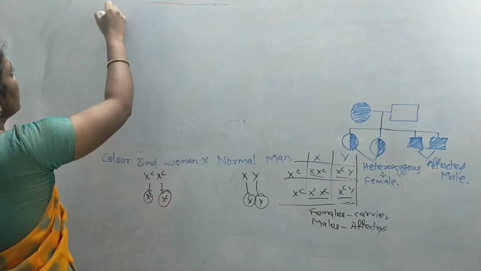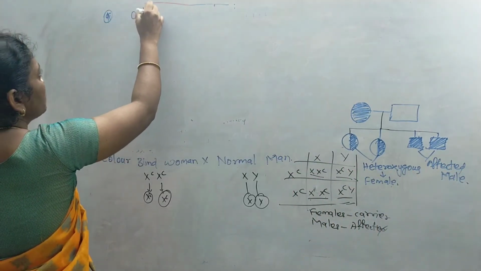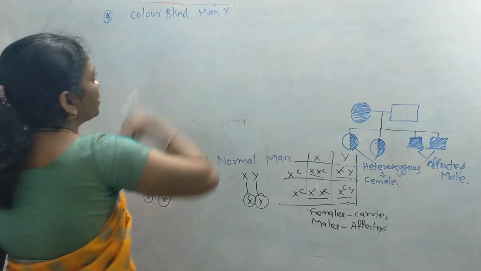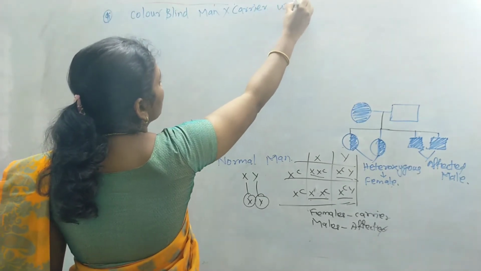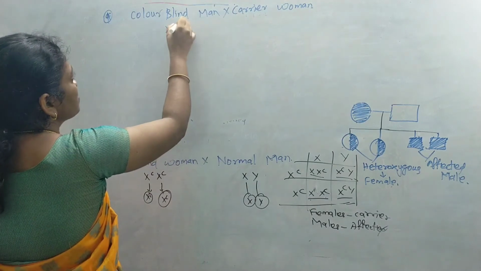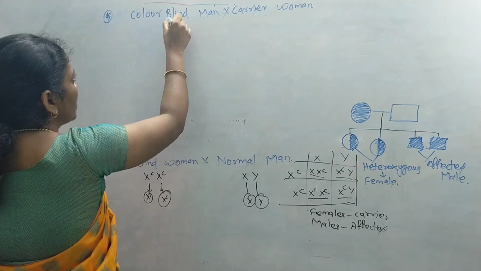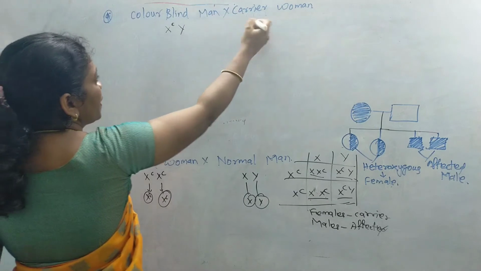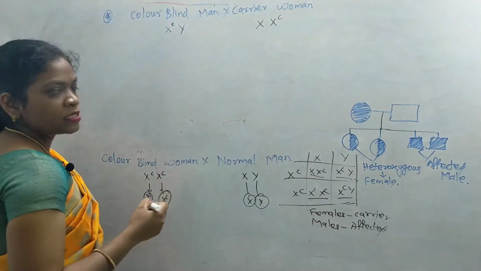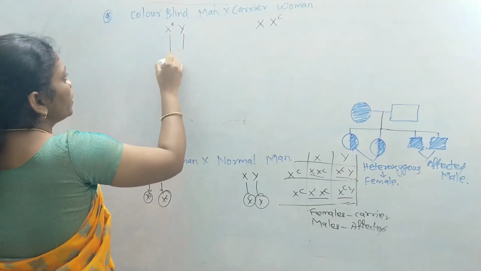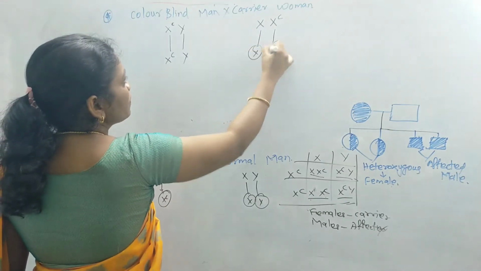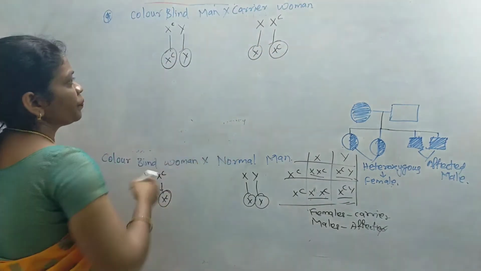Another case, and this is the fourth scenario, when a colorblind man marries a carrier woman. So colorblind man, X, Y, one X chromosome will have this disease causing gene, and the carrier woman, one X chromosome will be normal and another X chromosome will contain this C. He will produce two gametes, XC, Y, and she will produce two gametes, one is normal and another one is disease causing gene.